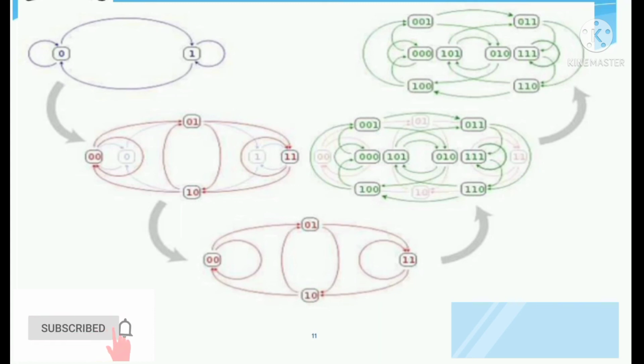With 0 0 1, there is a self loop, and again 1 1 is a self loop, so we form another way. Then the next one, 0 0, we can merge the values. Again the fifth one, we can see the diagram, and we can develop the sequences and subsequences.